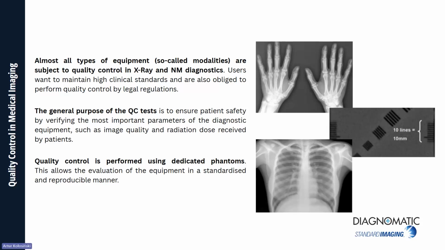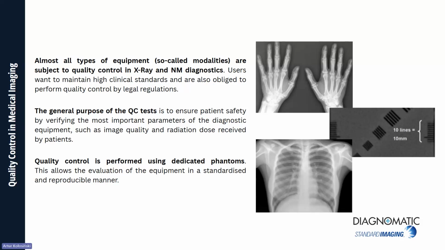Users want to maintain high clinical standards, and they are also obliged to perform quality control by legal regulations. The general purpose of the QA test is to ensure patient safety by verifying the most important parameters of the diagnostic equipment, such as image quality and the dose received by the patients.